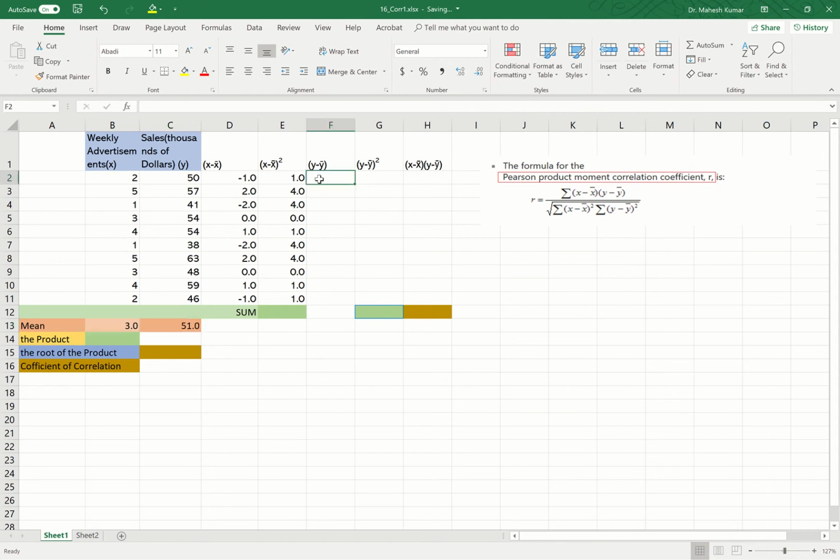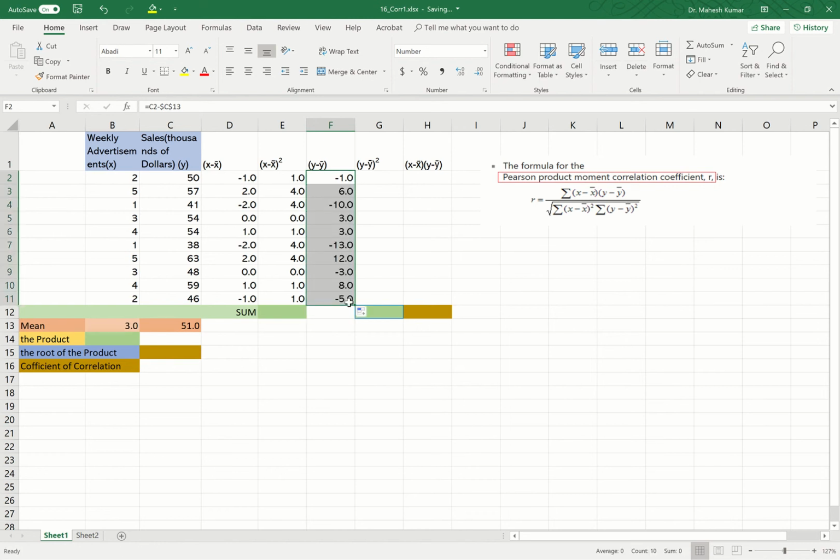So we will go here, equal to sign, y is here in cell C2, minus y bar is in cell C13, and C13 will be made into absolute reference the same way we did it last time. I click the check mark here, and then I drag down the formula.